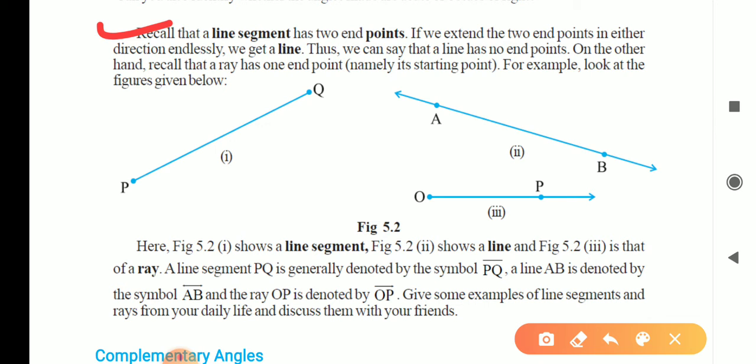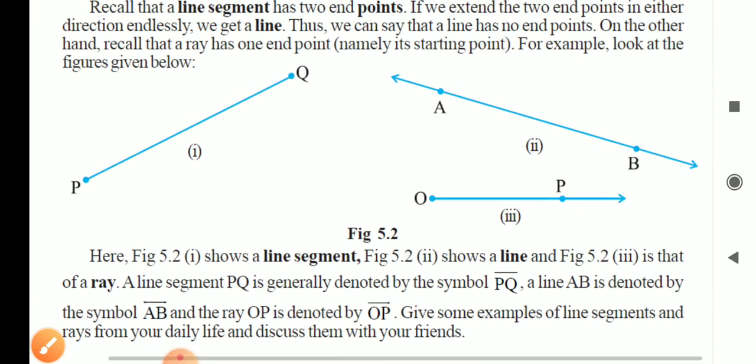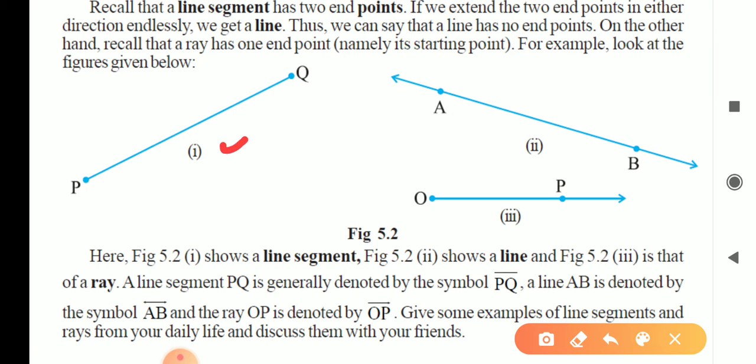For example, look at the figures given below. Here in figure 5.2, there are three figures: first, second, and third. In the first figure, there is a line PQ in which P and Q both are the endpoints.